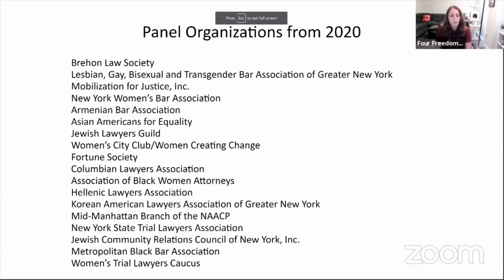Okay, so as you can see, this is the list of organizations from the 2020 Supreme Court panel. These were all the organizations that were represented by a panelist, and those panelists, by the way, are chosen by the organizations themselves, not by the County Democratic Party. So the party reaches out to them and they send somebody. For folks who are on the phone or aren't watching, there are several organizations here.